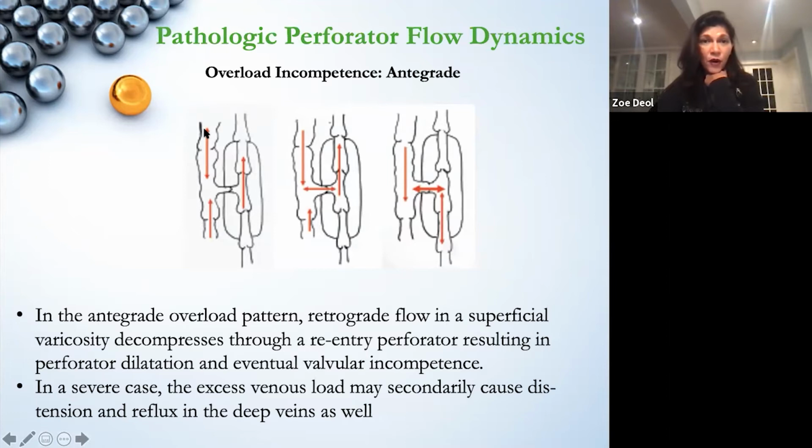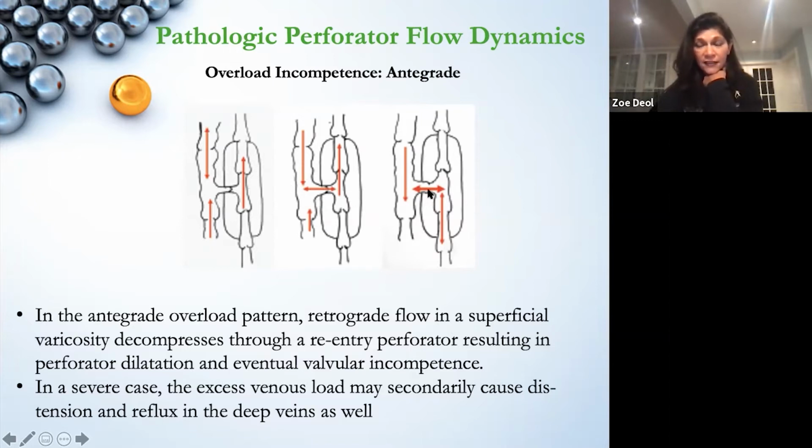So you have primary superficial venous insufficiency, retrograde flow in that vein. The superficial system dilates out, and because of the high pressure now in the superficial system compared to the deep, you will see the blood flow from the superficial to the deep, dilating this perforator out over time due to the high flow in that area.